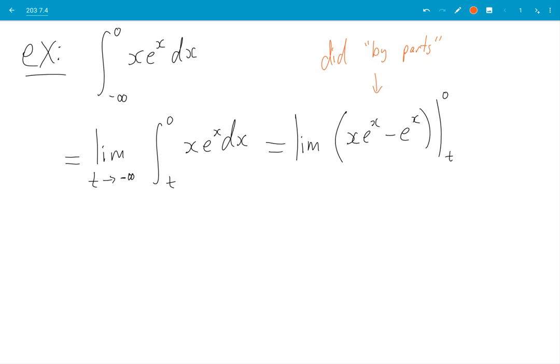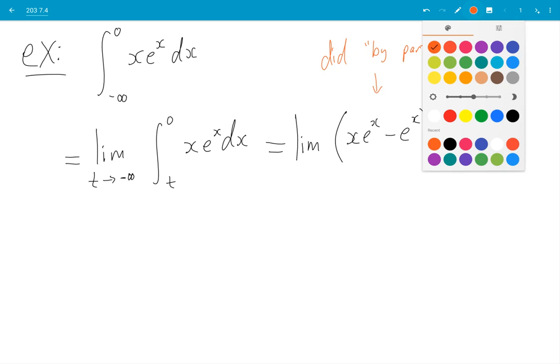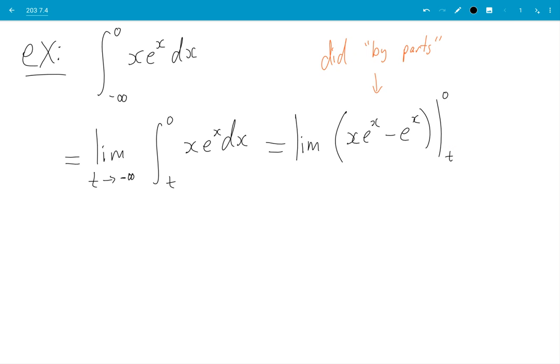And then I can use my endpoints here. 0 minus 1 minus t e to the t minus e to the t, which is what?